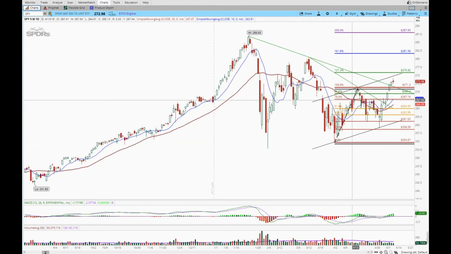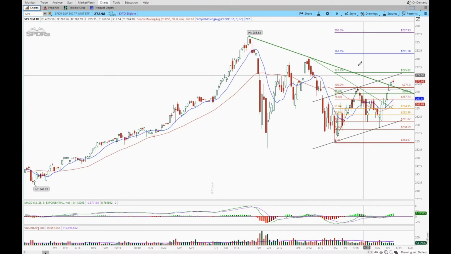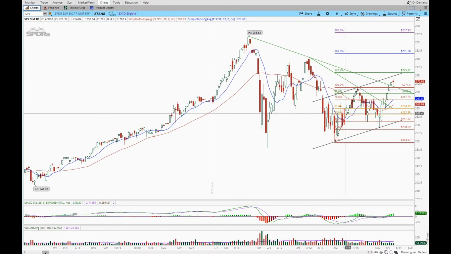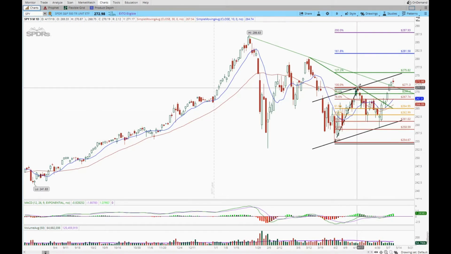So I created this Fibonacci retracement here from this point here to this low point here. It retraced back down and then went up.